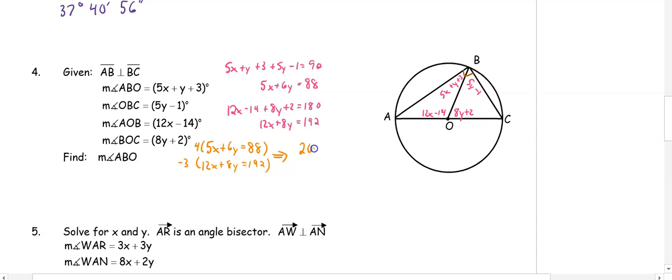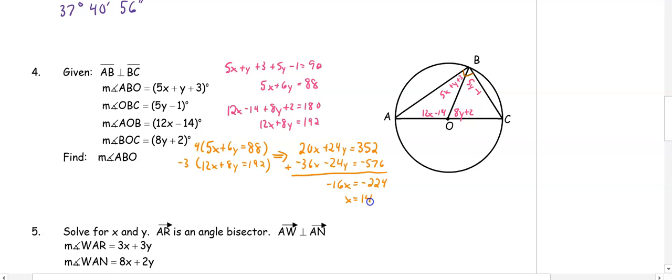So we get 20x plus 24y equals 352. And then we get -36x minus 24y is equal to -576. So when we add straight down, we get -16x is equal to -224. So when we divide, x is 14.